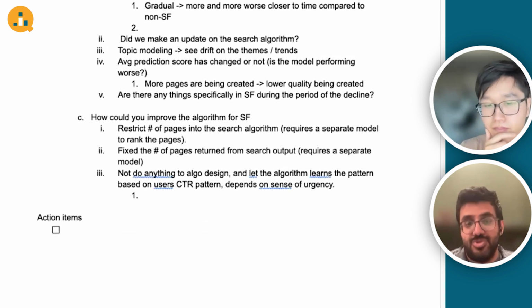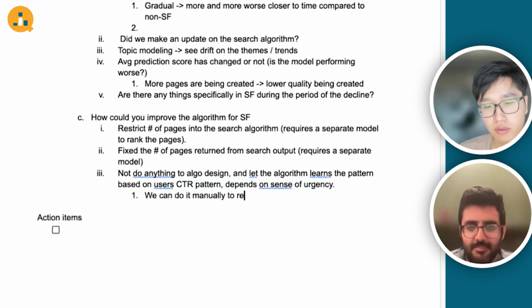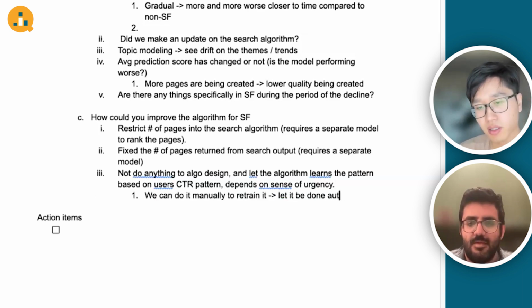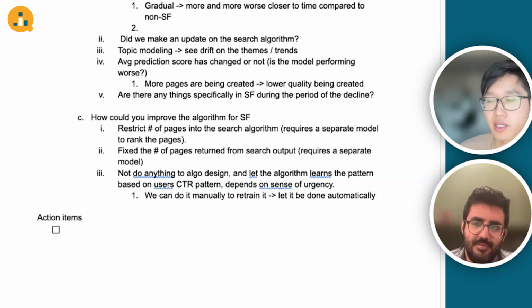All you need to do is retrain the model with newer data. It's possible we already have something, or let it be done automatically. Exactly, we click the button, let it retrain, to see what actually makes a difference. Okay, so that basically summarizes my approach to this hypothetical problem.